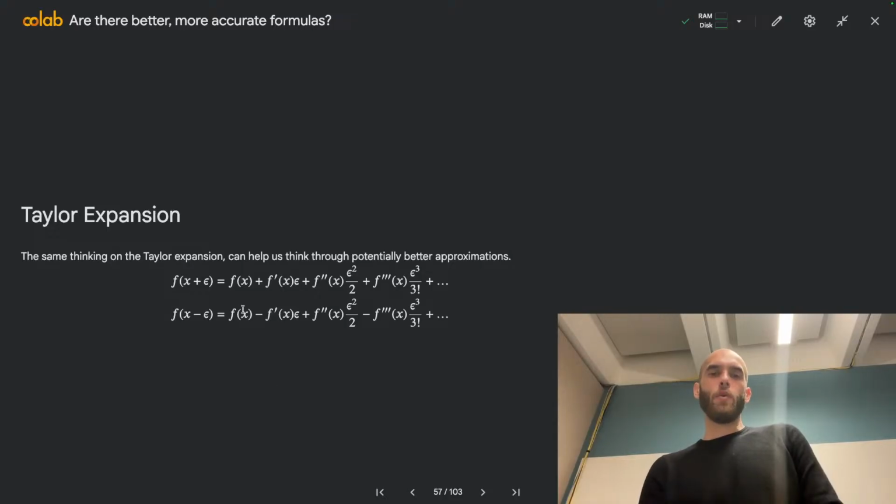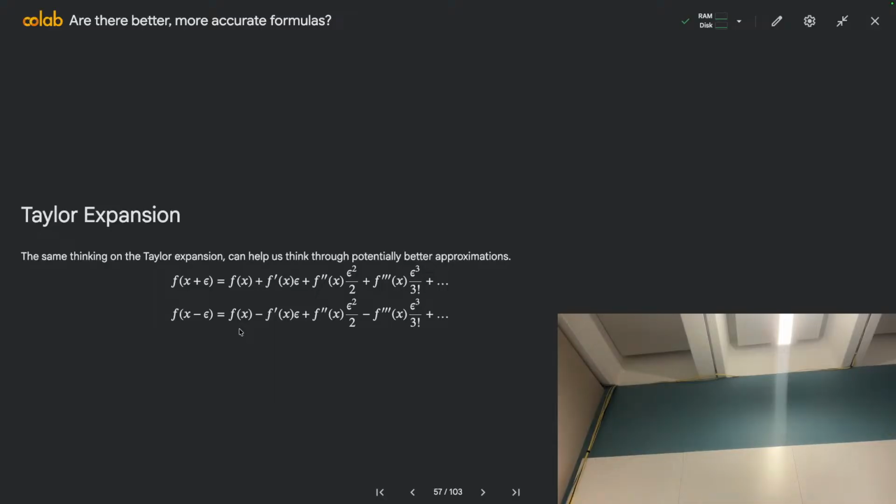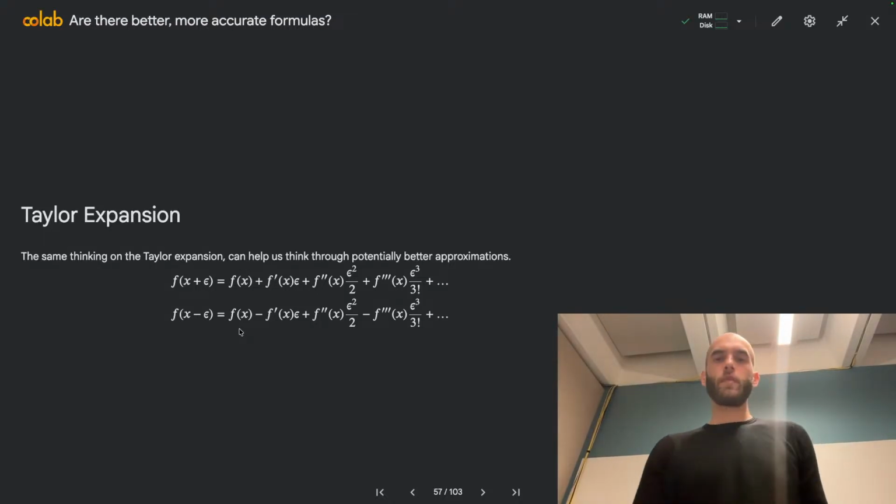And as you can see with the Taylor series, for both of these directions, all of the larger terms are going to cancel out. We have f of x, we have f of x minus f prime of x times epsilon, and so on. A lot of these terms cancel, which is really, really nice.